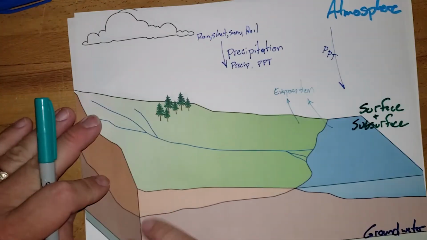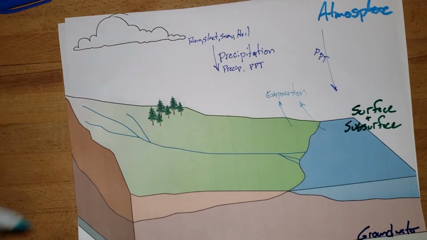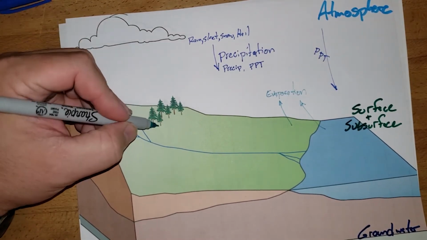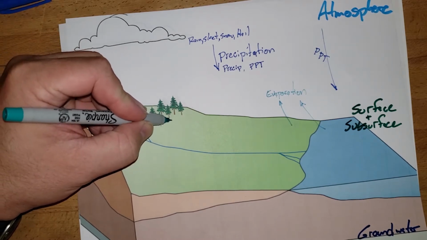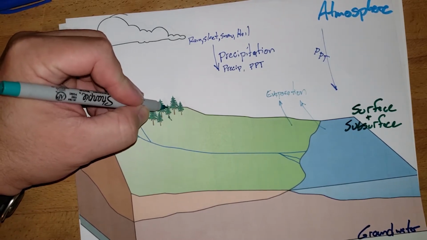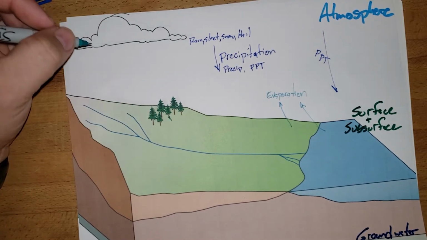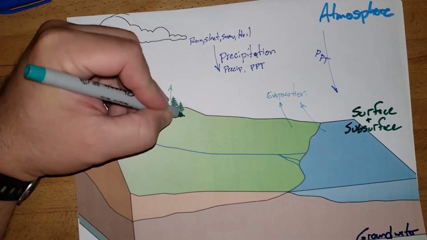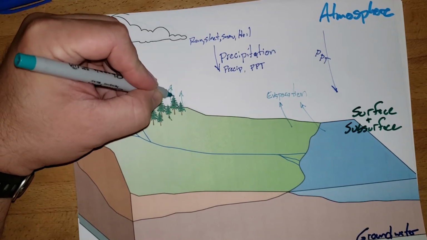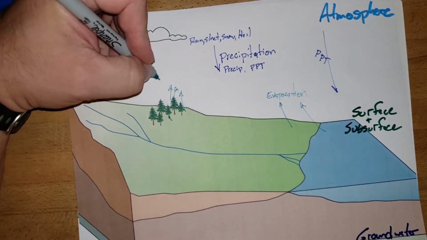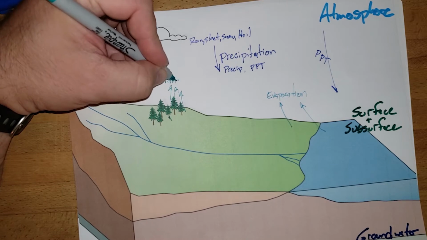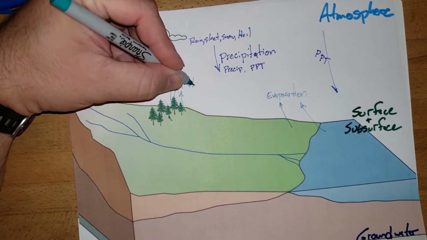Now there's one other way that we can have our water going up. That is going from the soil up through the plant, out to the leaf, and then evaporating off of the leaf. So any evaporation off the surface of a plant can happen. We could have this from the grass, from the trees, and we call that transpiration.